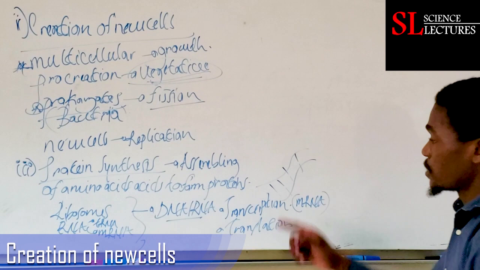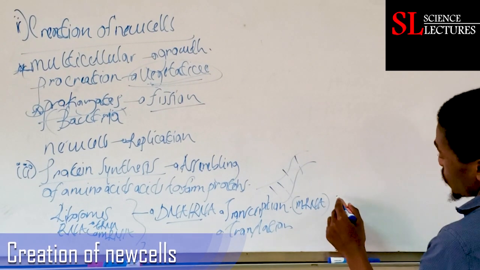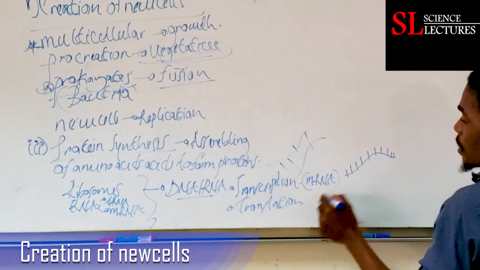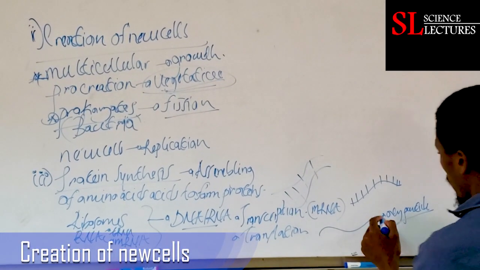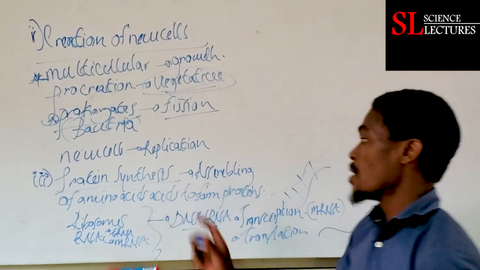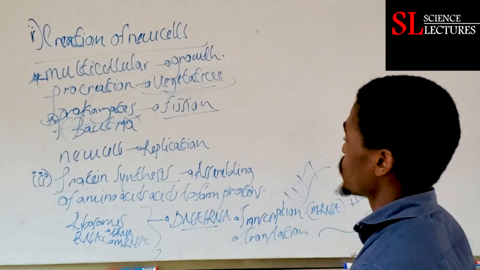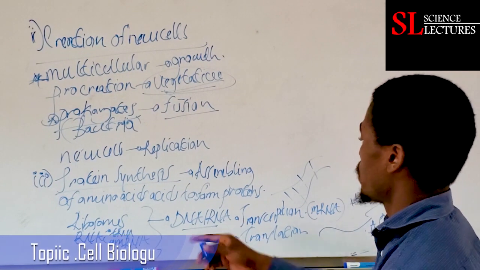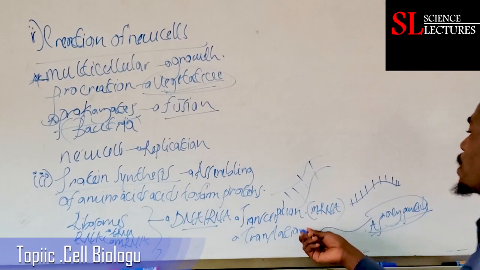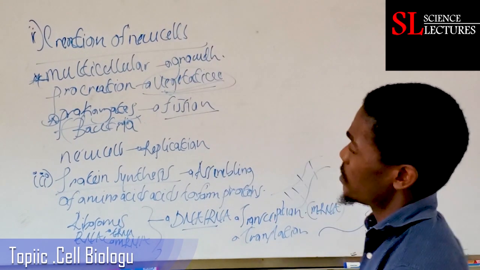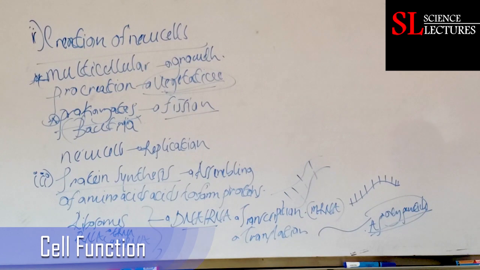So we'll have this DNA split into a single strand of messenger RNA. That is transcription. Then in translation, we'll assemble the polypeptide. So the polypeptide is now the protein molecule. So protein synthesis basically is formation of proteins by assembling different amino acids, and it's divided into two, transcription and translation. However, without cells, this process might not take place.